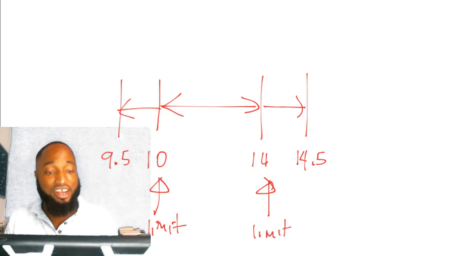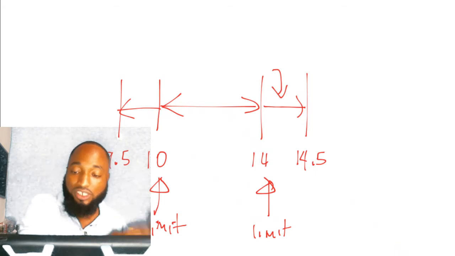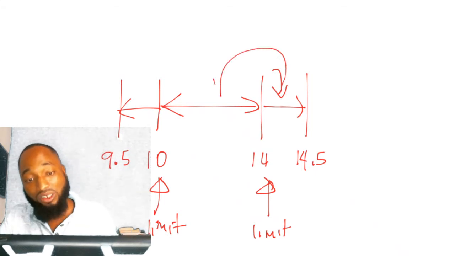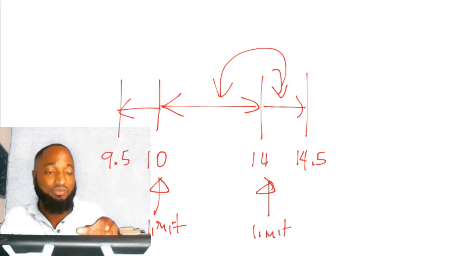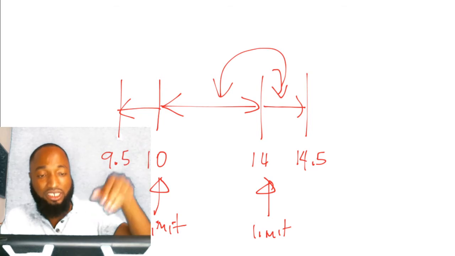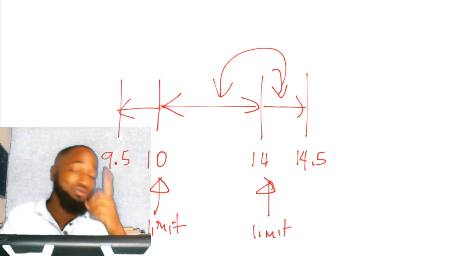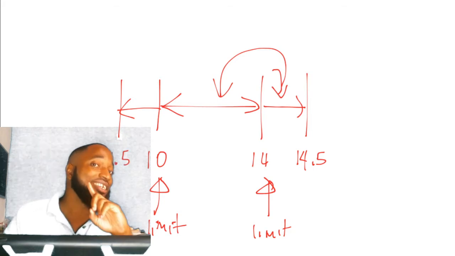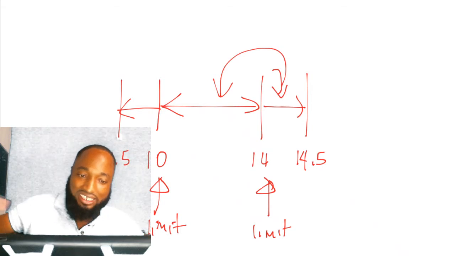So if a number came here like 14.4, 14.4 actually belongs in this class interval. If it was 14.5, we'd have to send it to the next class interval. But since it's 14.4, we'll put it in the 10 to 14 bracket, because even though it crossed the limit, it didn't cross the boundary. So the boundaries are extended.